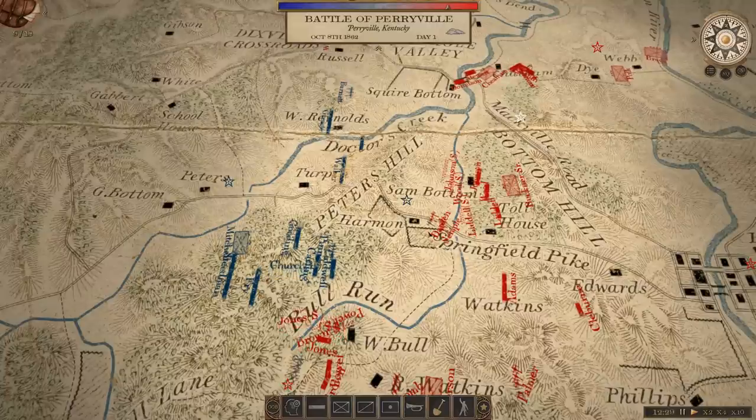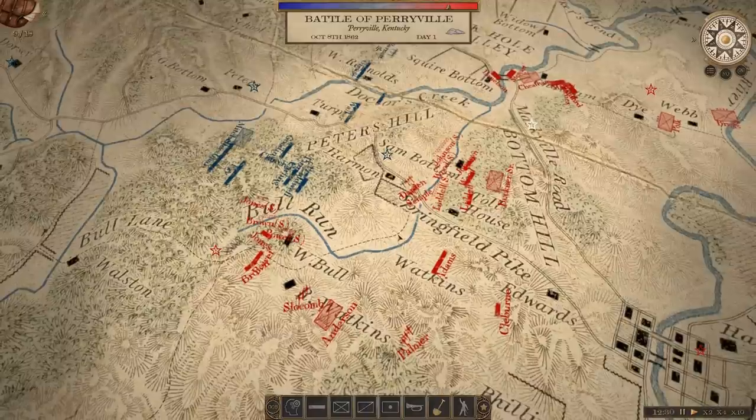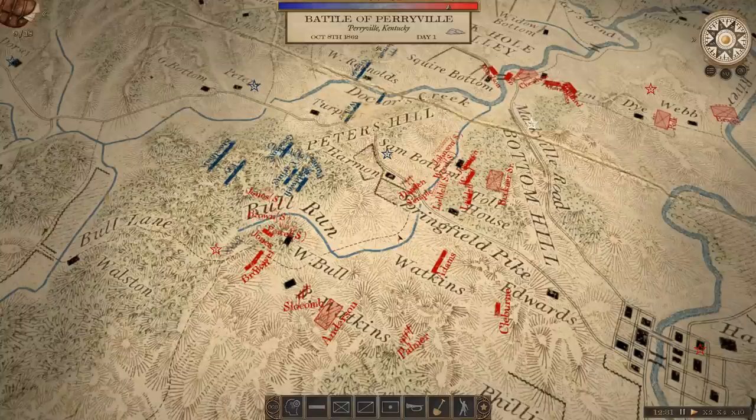And this can lead in the game to situations where, for example, in the peninsula, you have Lee, who's an aggressive commander, and you have McClellan, who is a bit more cautious, even though he has a bigger army with more troops.